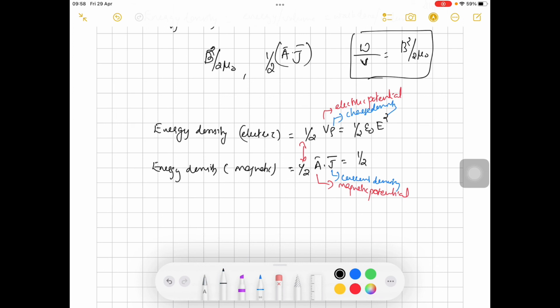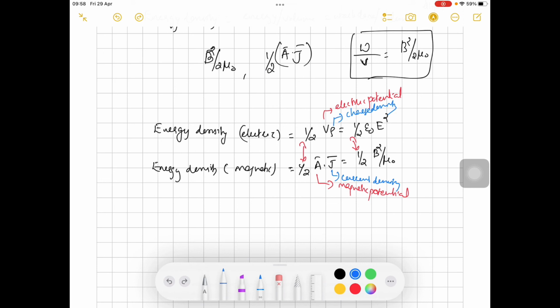In the same sense, half B square by mu 0. Here also half is there. In the energy density for the electric field, E is the electric field; here it is B, the magnetic field.